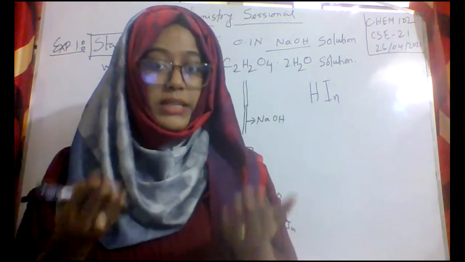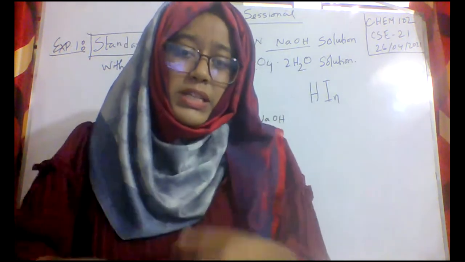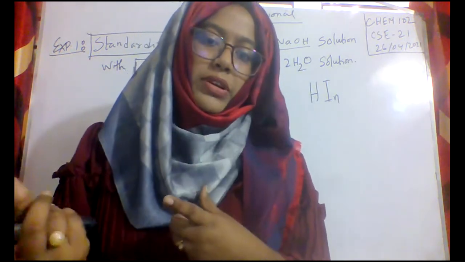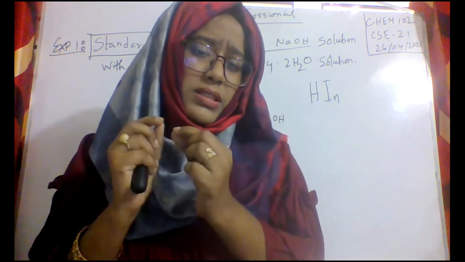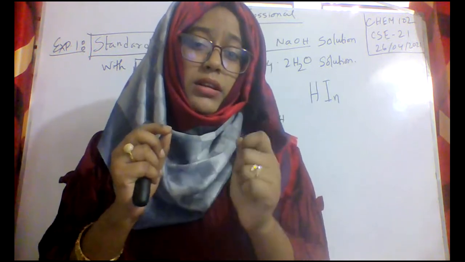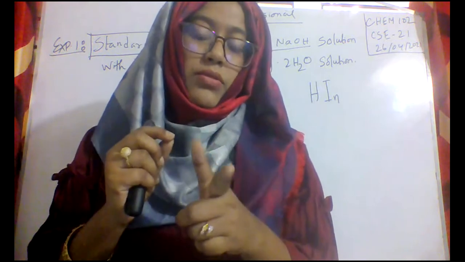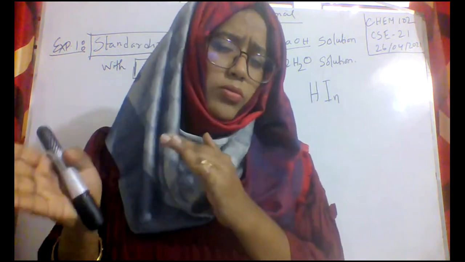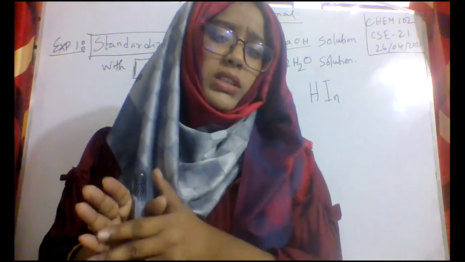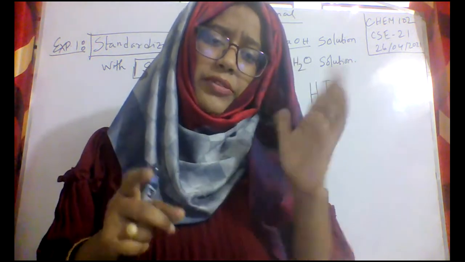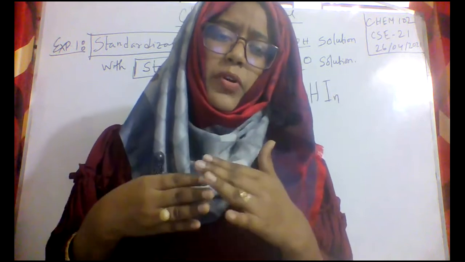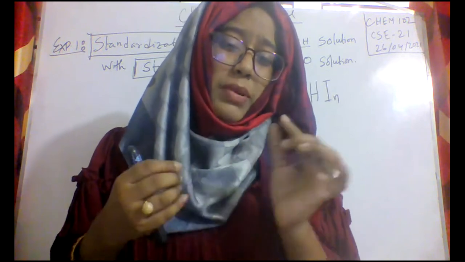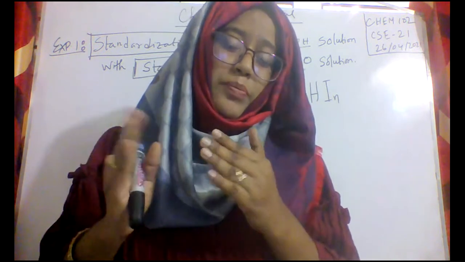After getting the equivalent point, immediately we get the end point, in a fraction of a second. So it's almost the same point, but the theoretical difference is that at the equivalent point we will not get the end point because they are the same.